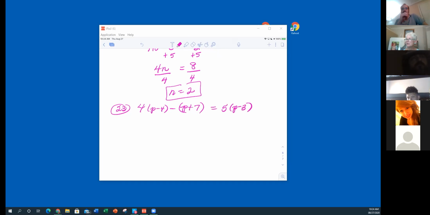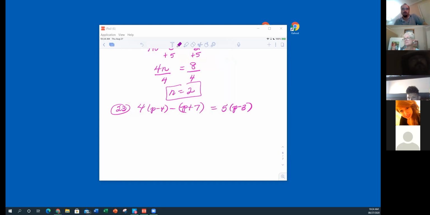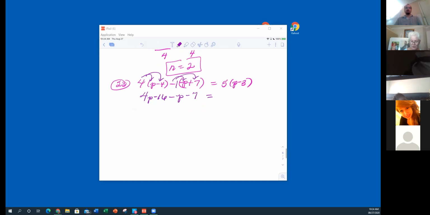So what's the first thing I'm going to do? Distribute the 4. Then what am I going to do? Distribute negative 1. Okay, I'm going to work totally with this left-hand side, and I'm not through simplifying it yet, right?